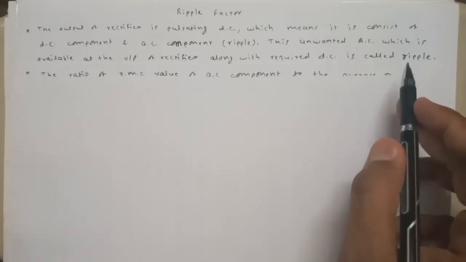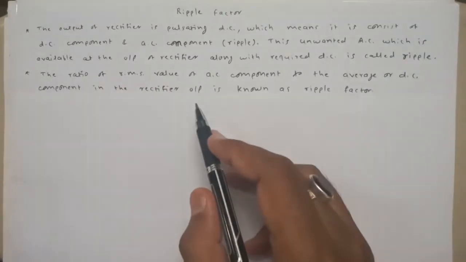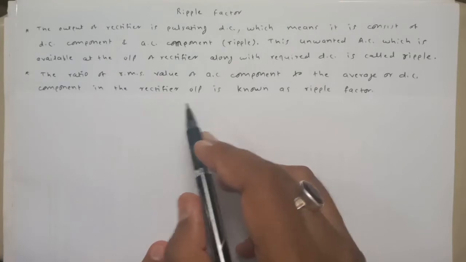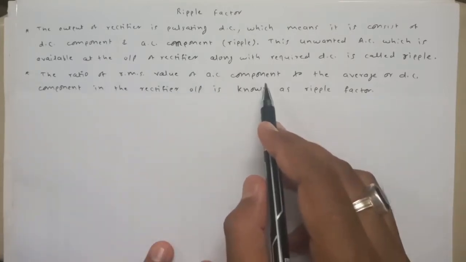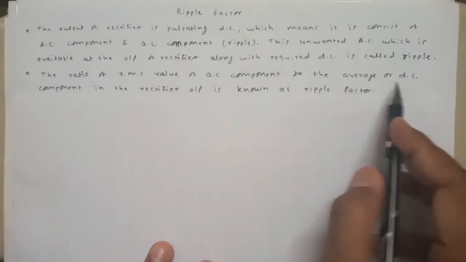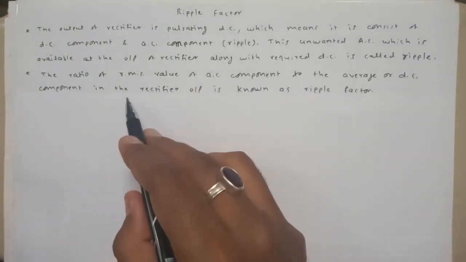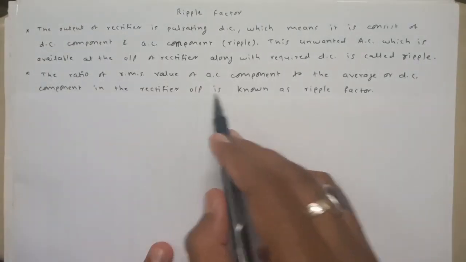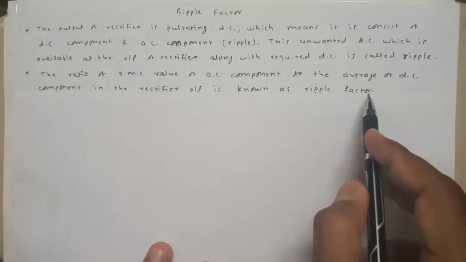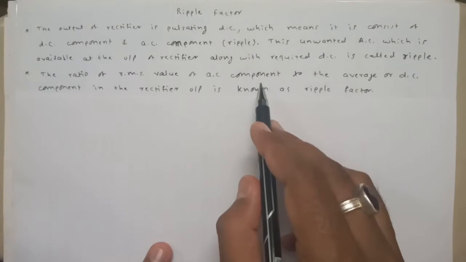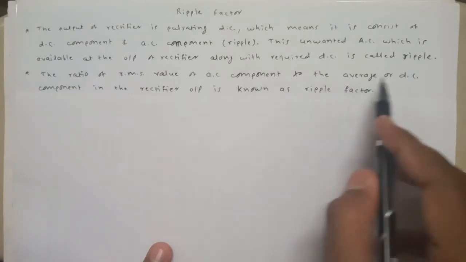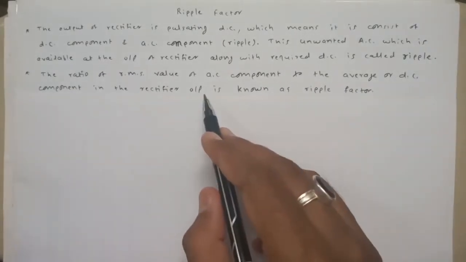That's why we have the definition of ripple factor: the ratio of the RMS value of the AC component to the average DC component in the rectifier output. So if we take the ratio of the AC component at the output of the rectifier with respect to the DC component available at the output, that equation is called the ripple factor.